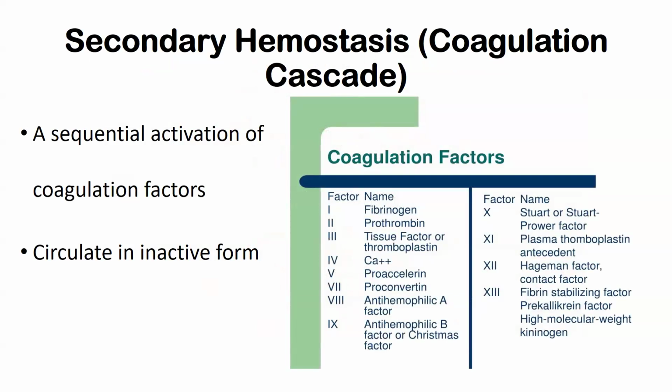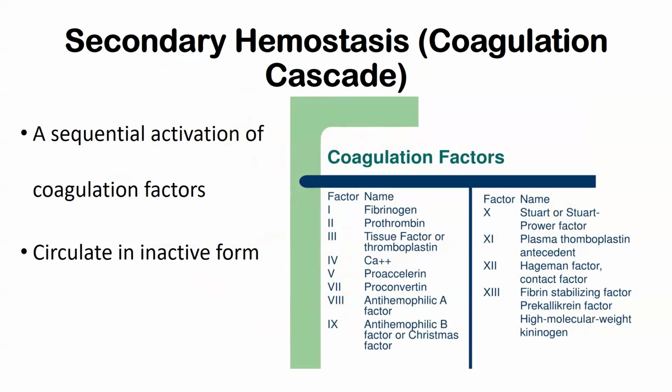Because the presentation is about hemophilia, I'll not dwell much on the primary hemostatic side of it, because it entails a lot. For the time, I'll just focus on the secondary hemostasis, where we have the coagulation cascade. In the coagulation cascade, first we need to know the coagulation factors.